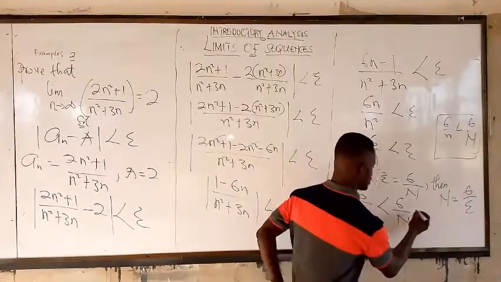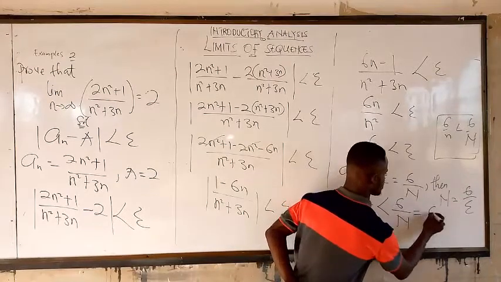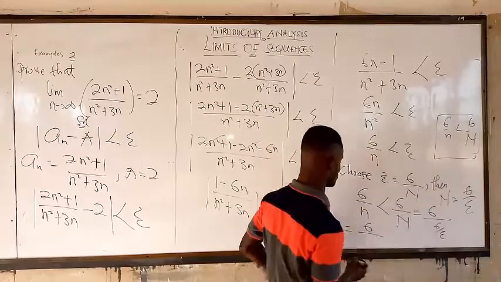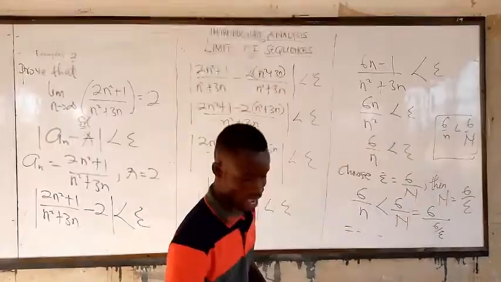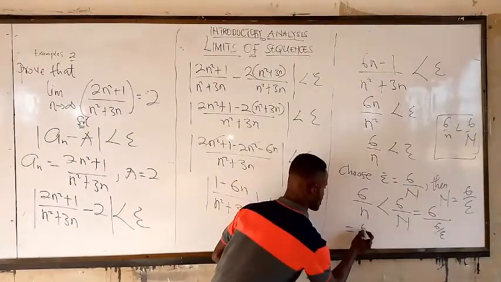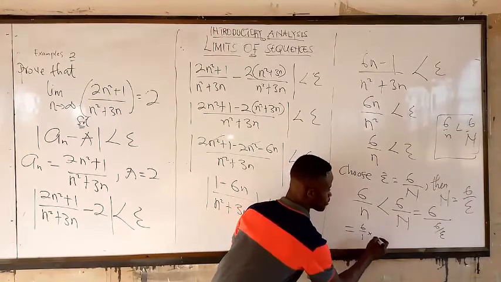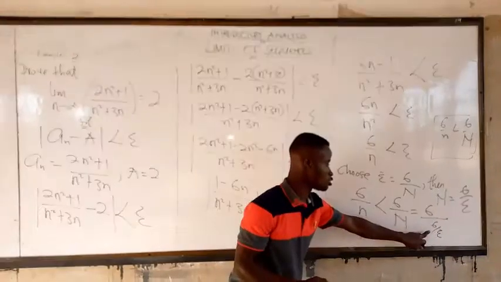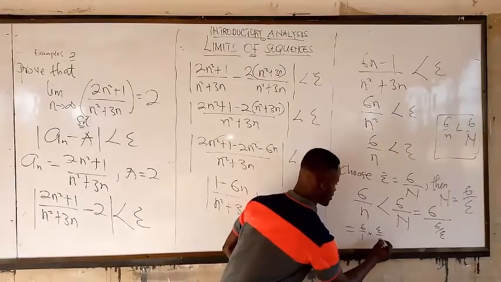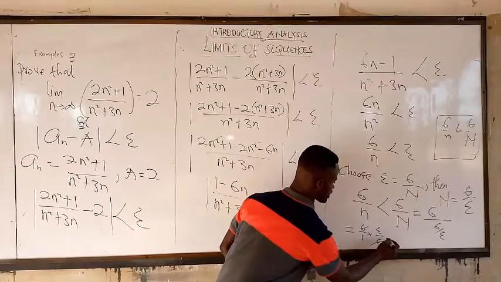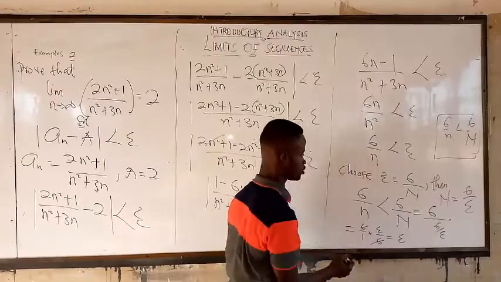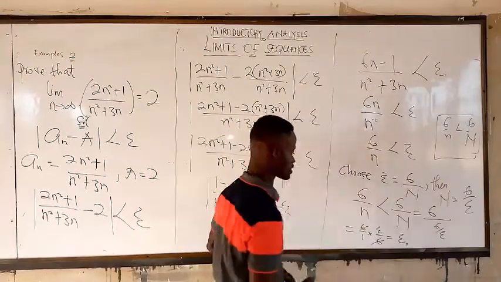So this is equal to 6 over 6 over epsilon. And you can see that this is the same as 6 over 1, and it's multiplying this. So in division, the reciprocal comes in. So we get epsilon over 6. This and this will cancel. So we get our final answer to be epsilon.